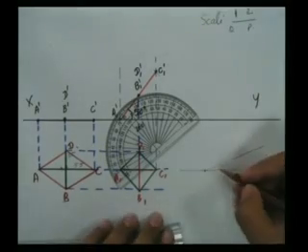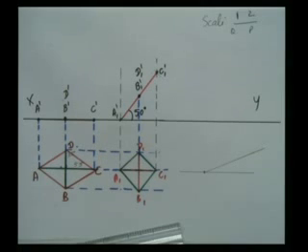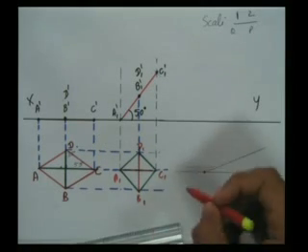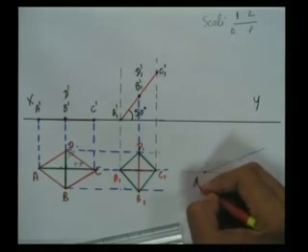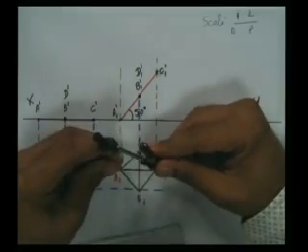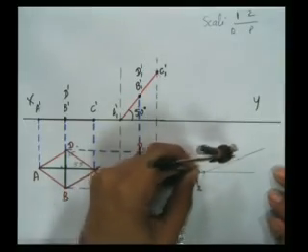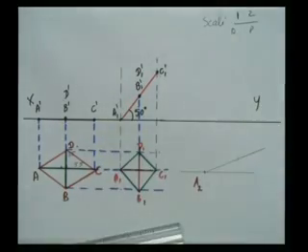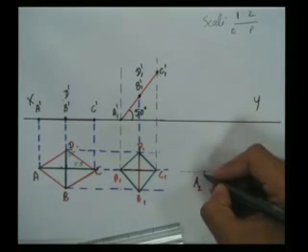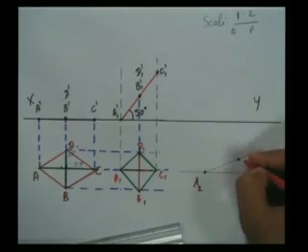Extended. This is 20 degrees. This is point A2. Point A2. So we can mark C. This point is C2.